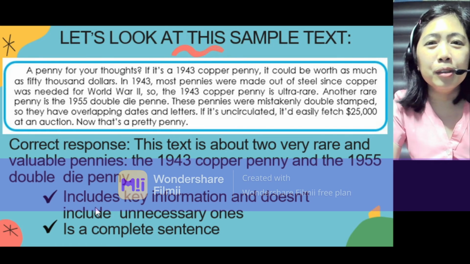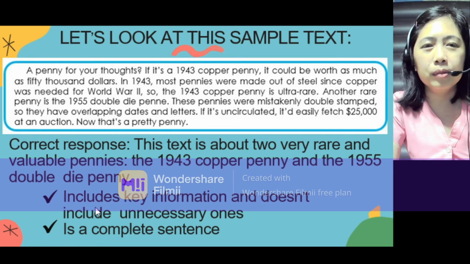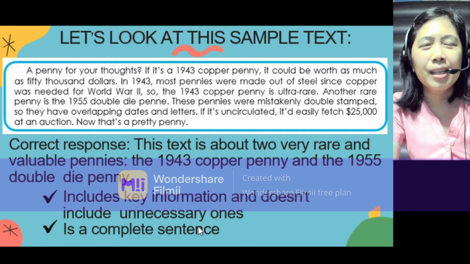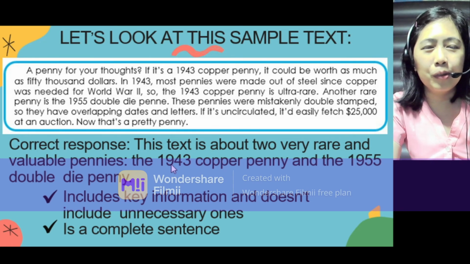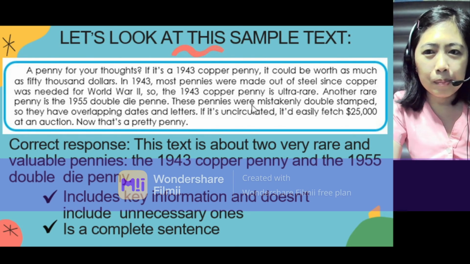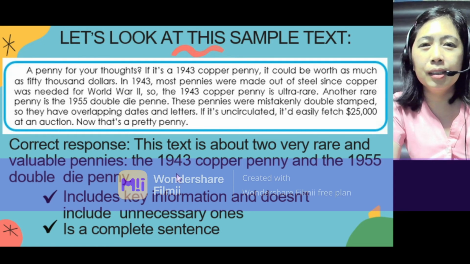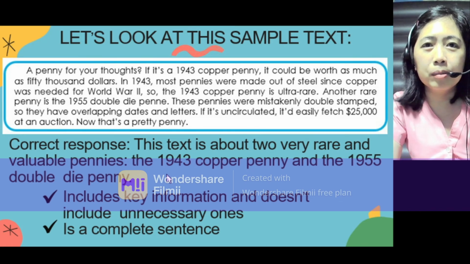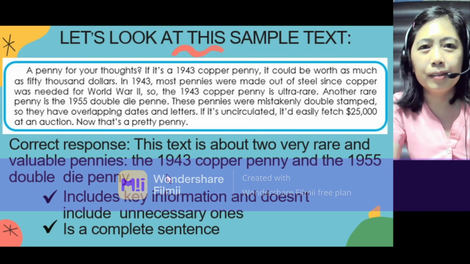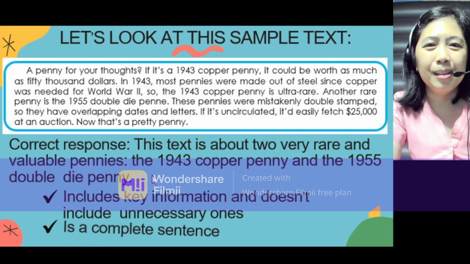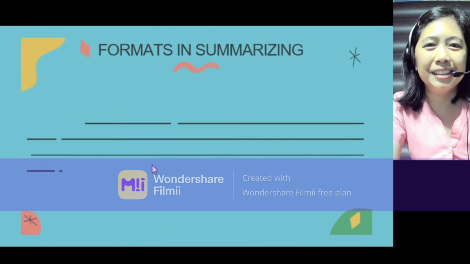So that makes it a good or correct response because it includes key information and doesn't include unnecessary ones. And it's also in a complete sentence, of course. So see, from these many sentences, you only got one complex sentence, but the essential information is all there.